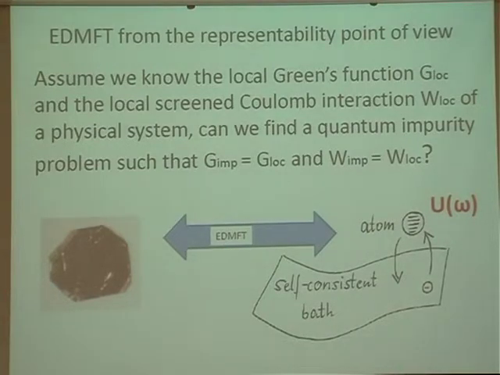And we were discussing that in order to generate not only the local Green's function, but also the local Coulomb interaction, we needed to extend that auxiliary system, and instead of just having an atom coupled to a self-consistent bath, as in usual DMFT, we needed to have this atom itself carry dynamical interactions, and this was a second auxiliary quantity, second on top of the usual dynamical mean field, the Weiss field, that then we have to determine in a self-consistent fashion.